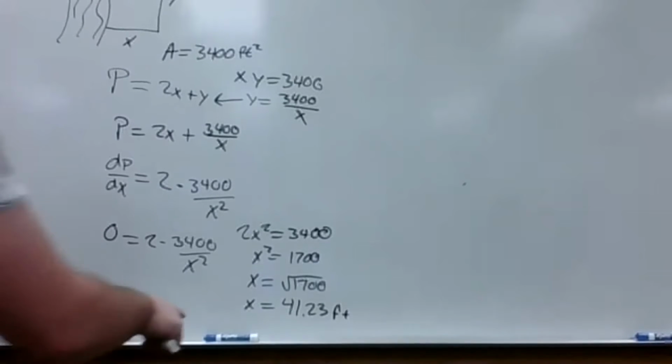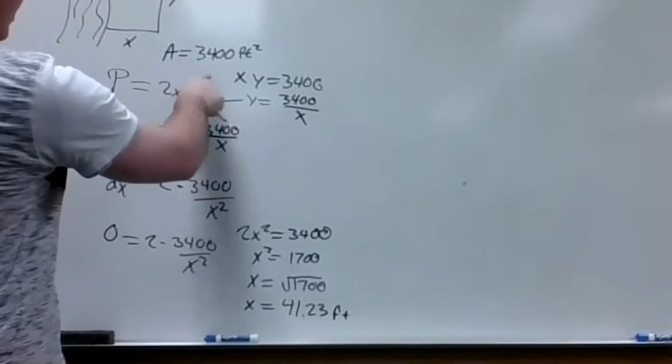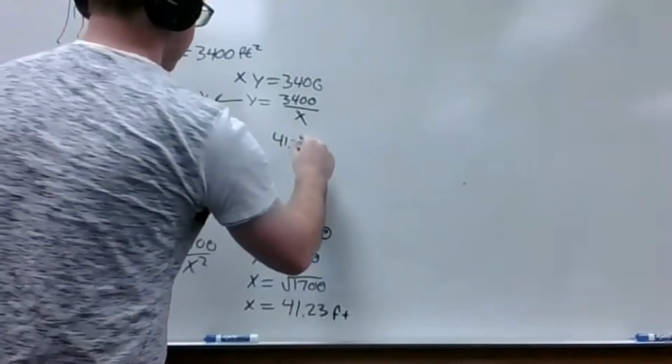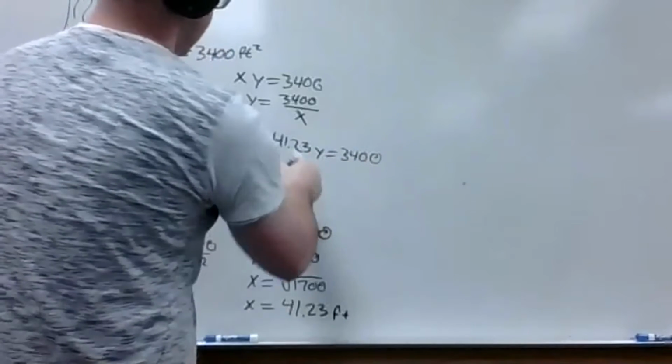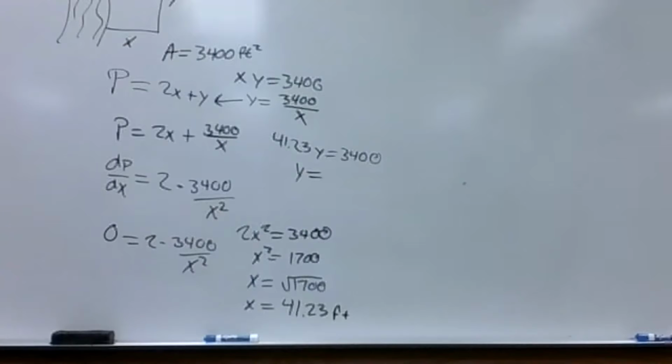I guess to finish this problem, we need to plug this x value back into our area equation, because that would be the easiest way to get the y value. So now we can say that 41.23y is equal to 3,400. Well, now we can just divide and solve for y. So y equals, we take this 100.